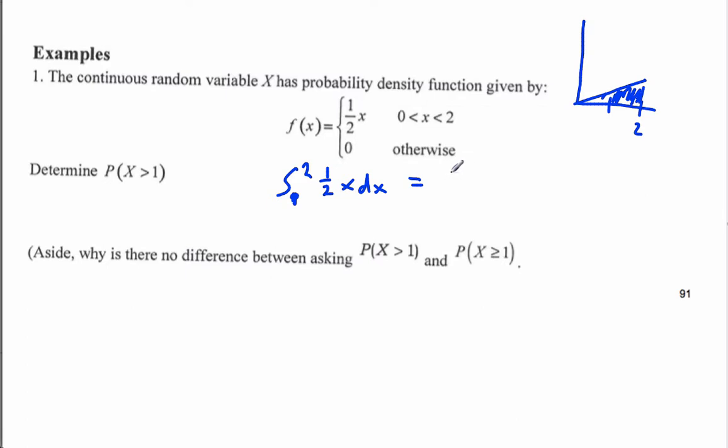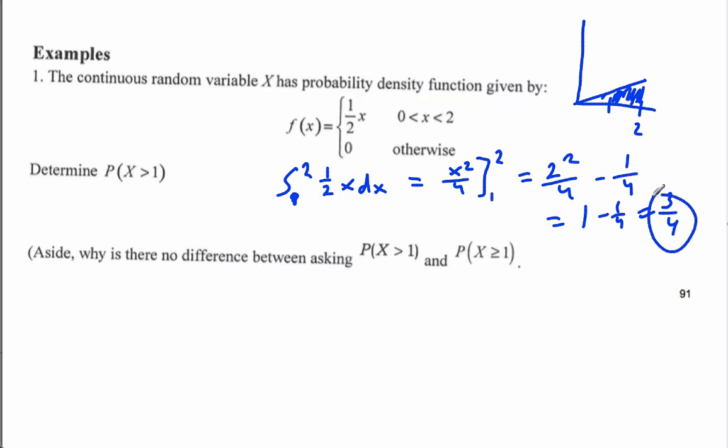That's going to be x squared over 4 evaluated from 1 to 2, which equals 2 squared over 4 minus 1 squared over 4, which is 1 minus a quarter, which is 3/4, which makes sense.